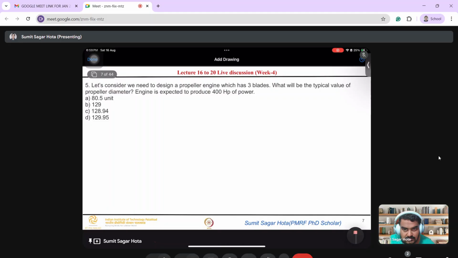Let's consider we need to design a propeller engine which has 3 blades. What will be the typical value of the propeller diameter? The engine is expected to produce 400 horsepower. Let's write down what is given.